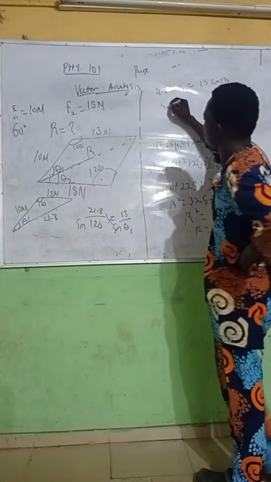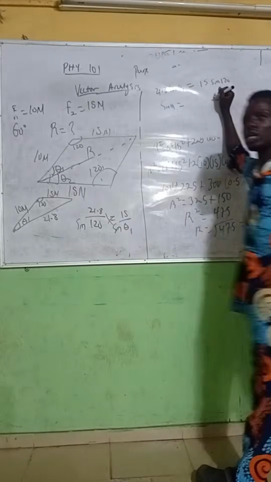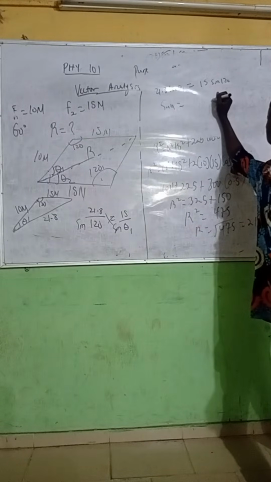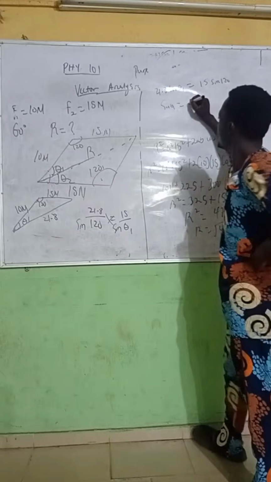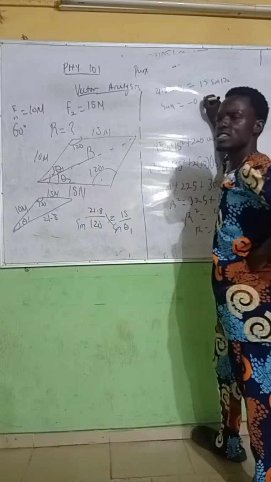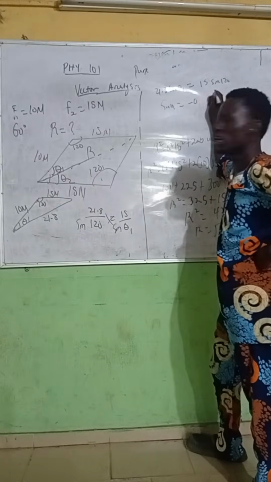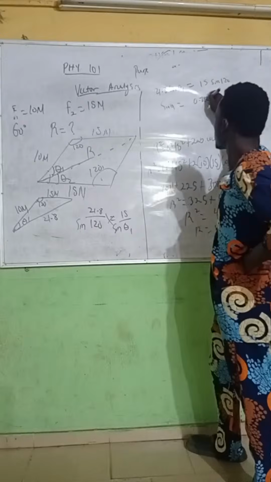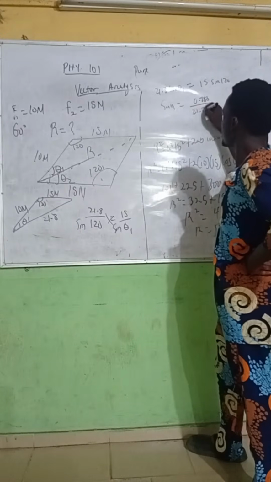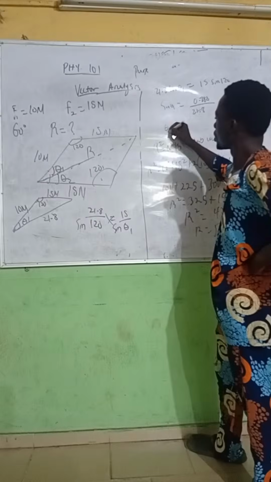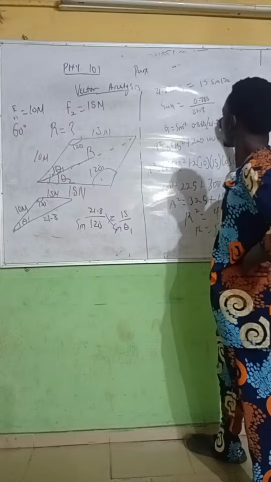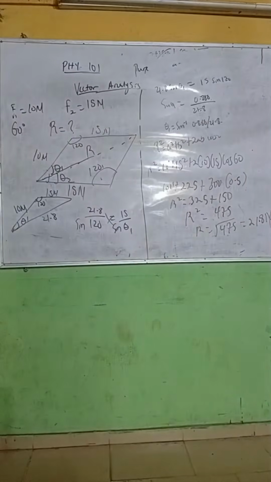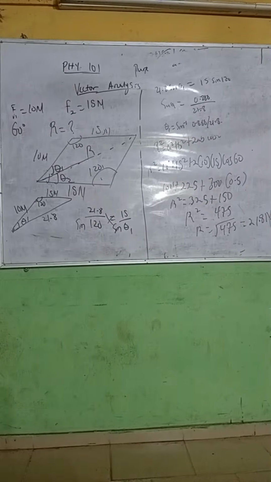So sine theta 1 equals 15 times sine 120, and sine 120 is sine 60, there's no negative there, or just 0.866, over 21.8. What do we get? 30. Should be 30, so it's too big.